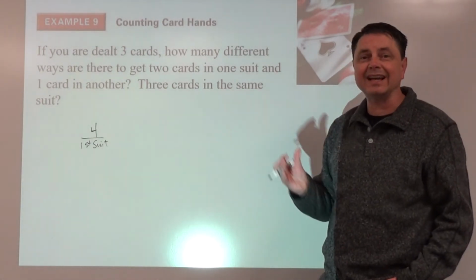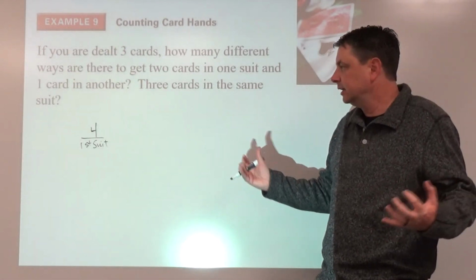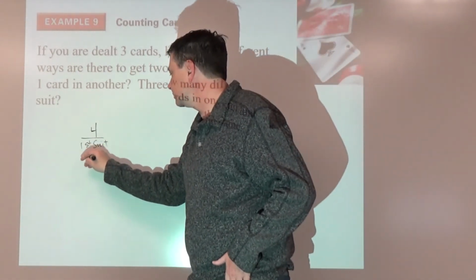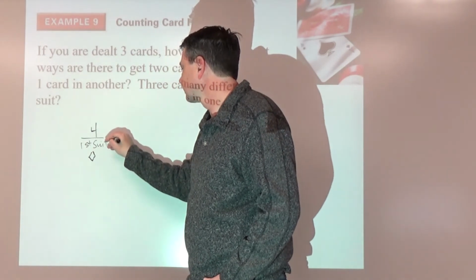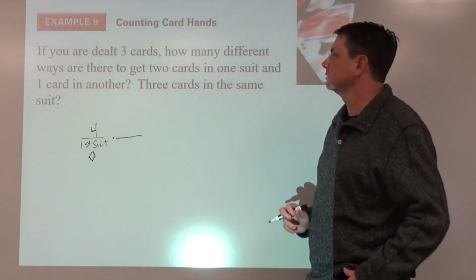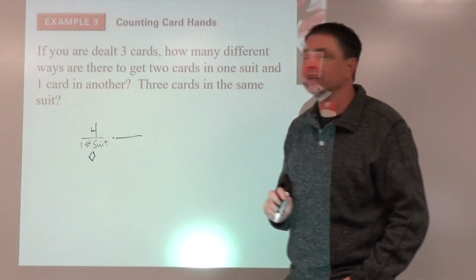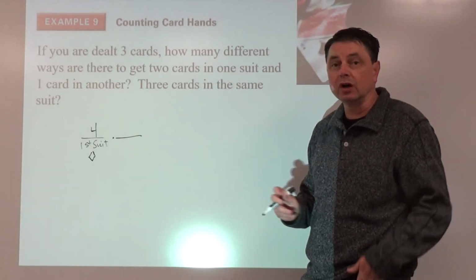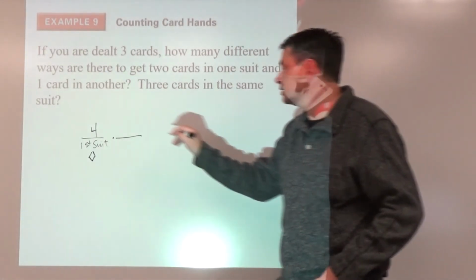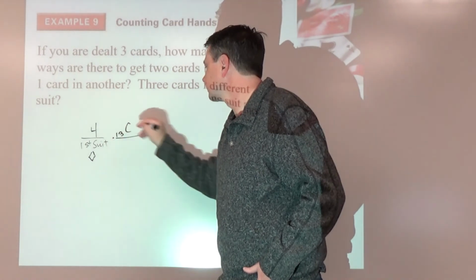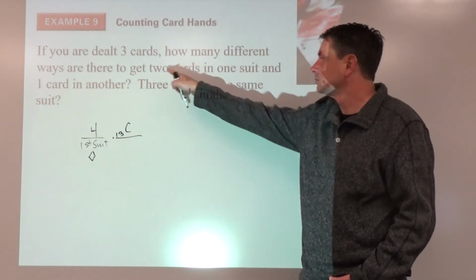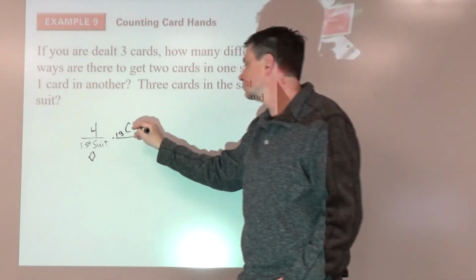Now, within that suit, let's say we're talking about diamonds. We need to get from our diamonds 2 cards that are in the same suit. So, how many cards do we have to choose from? Well, there's 13 diamonds. Of those 13 diamonds, how many are we getting? 2 cards in the same suit.